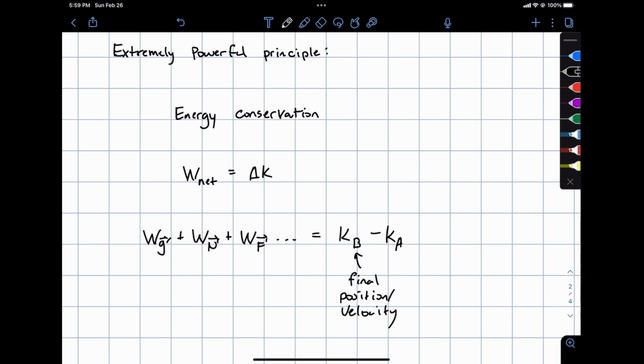That's the point B. And point A is the initial position or velocity.